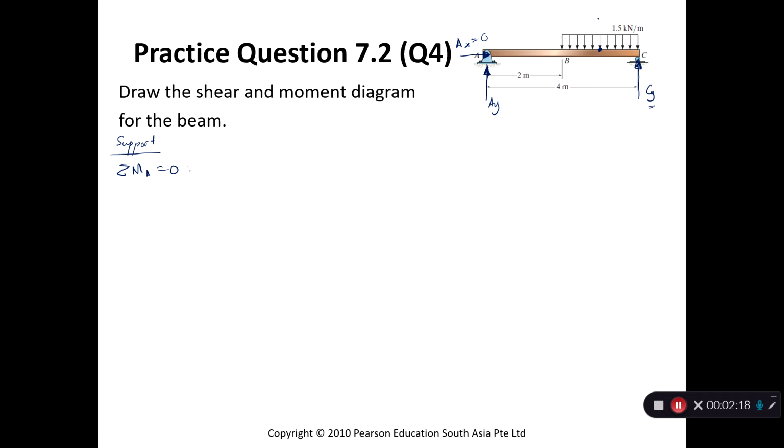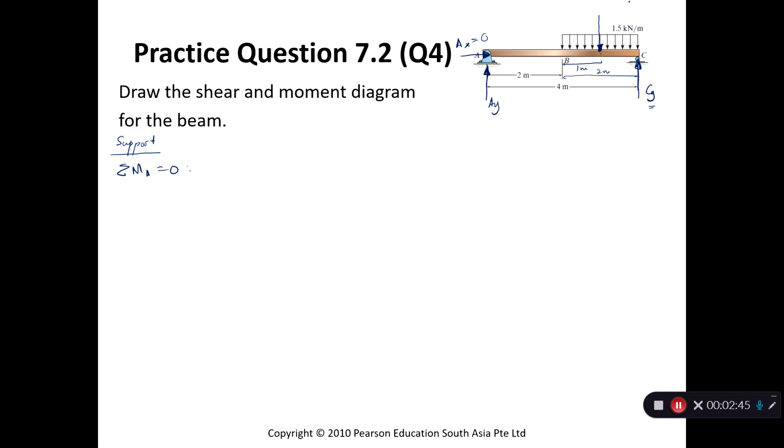All right, so this will be its point of action at the center. So this is 2 meters. This is again another 2 meters, and this is of course 1 meter. At the center. So the whole load is across 2 meters, B to C. So the center of it, of course, will be 1 meter from B.